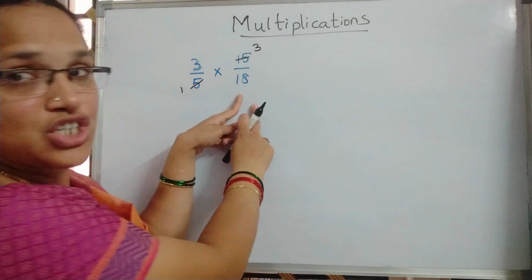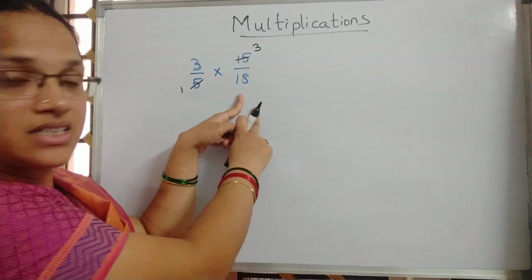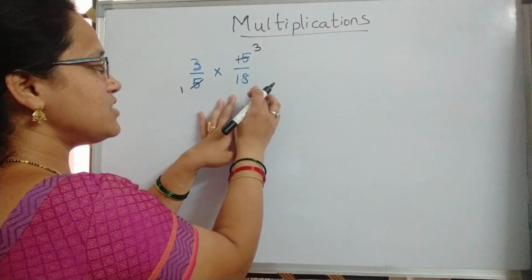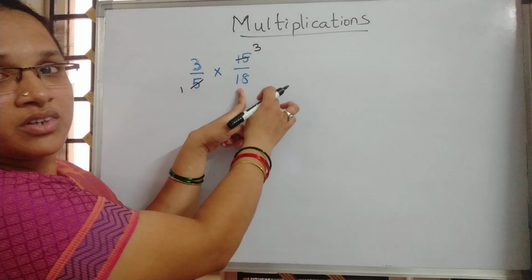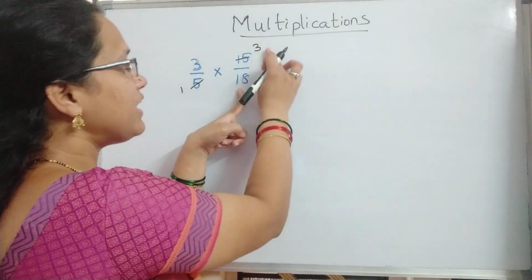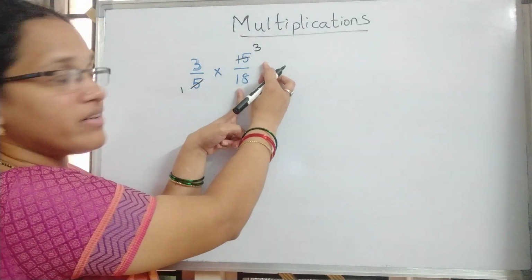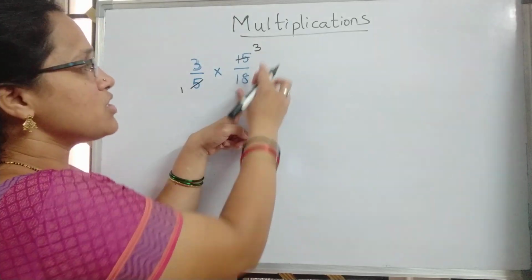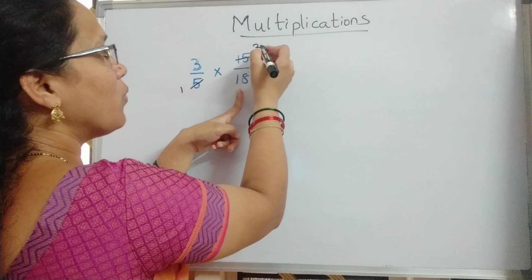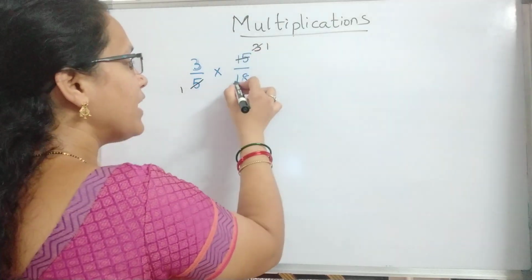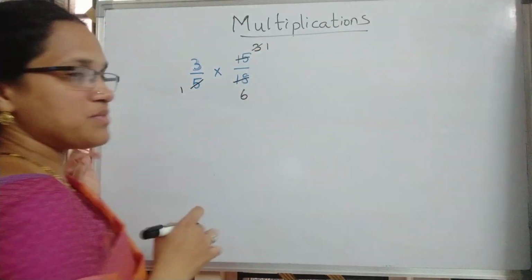Now take the next denominator, which is 18. See whether this denominator can be cancelled with its numerator. That means 3 and 18. It is no more 15, children; you have to take it as 3. So 3 and 18 are divisible in the 3 table itself, where 3 cancels one time and 18 cancels 6 times.